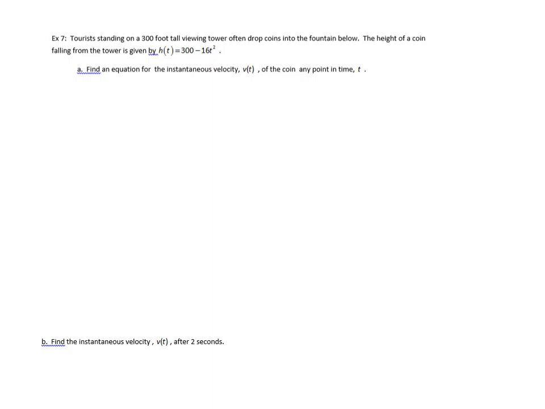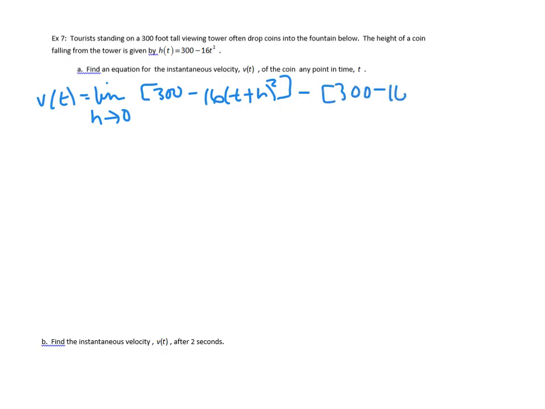So my velocity is going to be equal to your limit as h approaches 0 of 300 minus 16 times t plus h squared, minus the function itself, all over h.